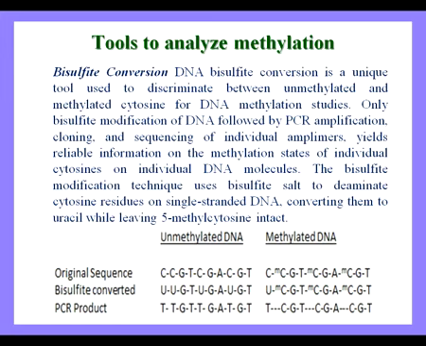For the benefit of those students who are having a chemistry background, they will understand that the basic premise of this experiment is that the bisulfite modification technique uses bisulfite salt to oxidatively deaminate cytosine residues on single stranded DNA, converting them into uracil.